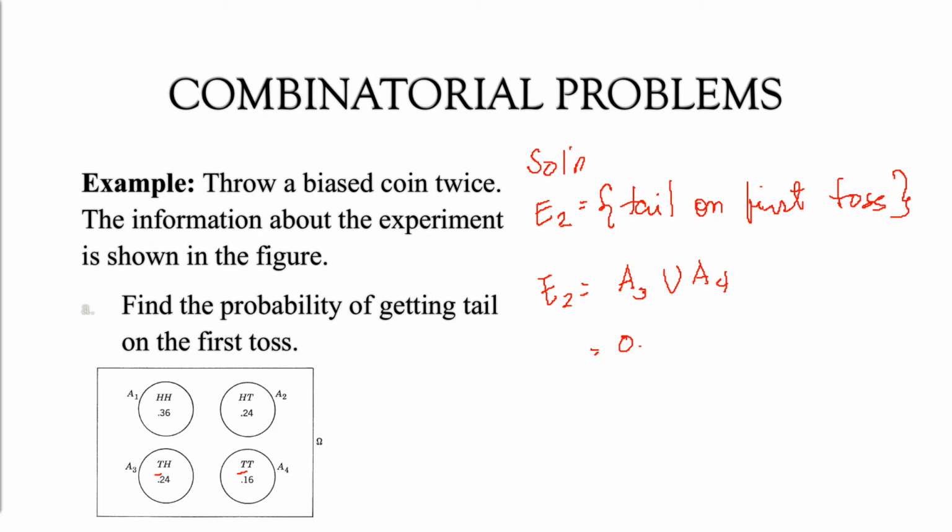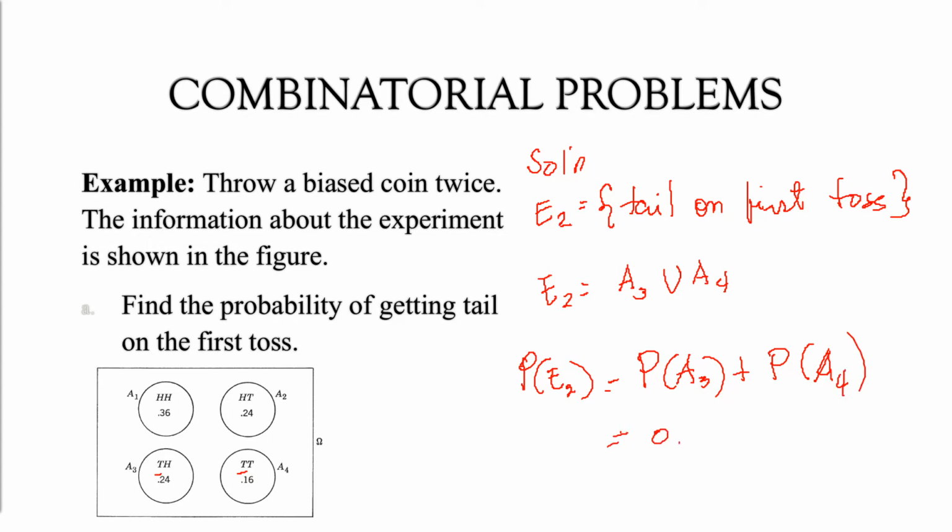Since the question is about probability, we are going to have the probability of E sub 2, which is the event in which tail came first after the toss, equal to the probability of A sub 3 plus the probability of A sub 4, which is equal to 0.24 plus 0.16, which is equal to 0.4.